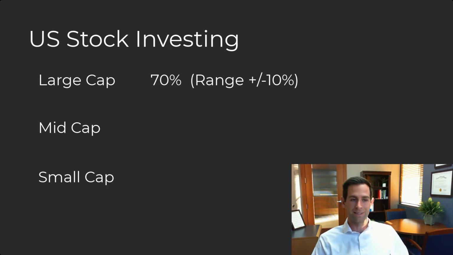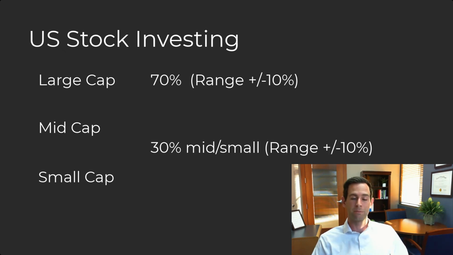They're going to be a little bit safer when compared side by side with mid and small cap. They're going to be a little bit less risky, your blue chip companies. So it's typical to have in the neighborhood of 70% in large cap and 30% in mid to small cap. But again, that's not a one size fits all. It depends on your risk tolerance and your goals.